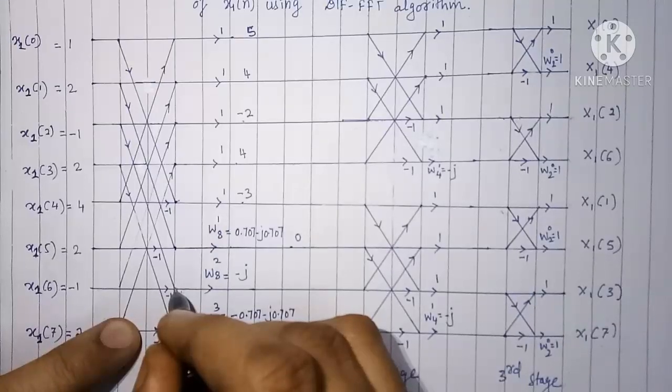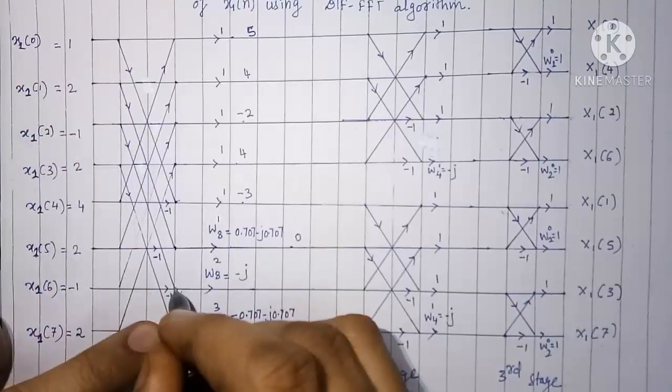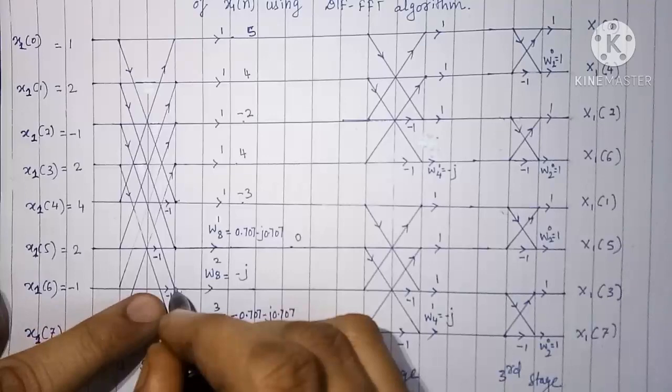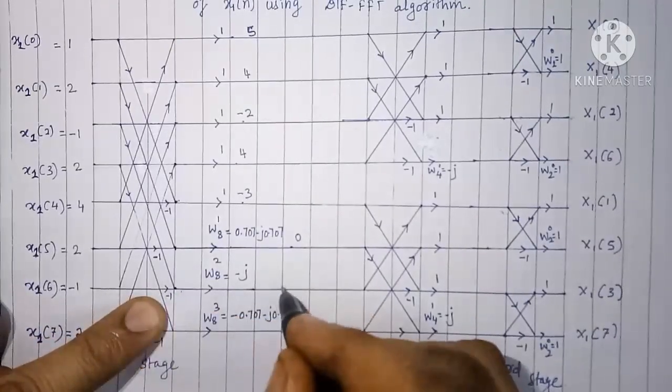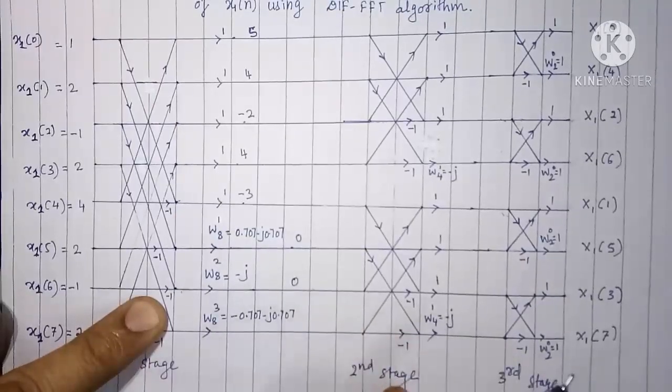And at this point here minus 1 into minus 1 plus 1. So minus 1 plus 1 is 0. Again we get here 0.